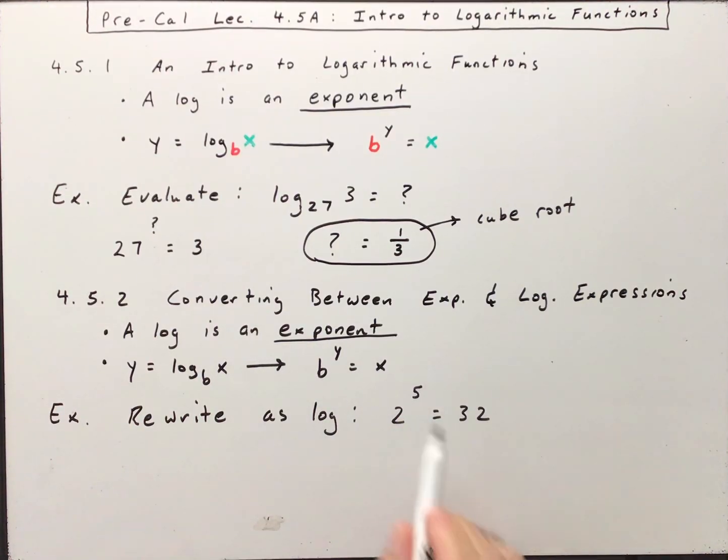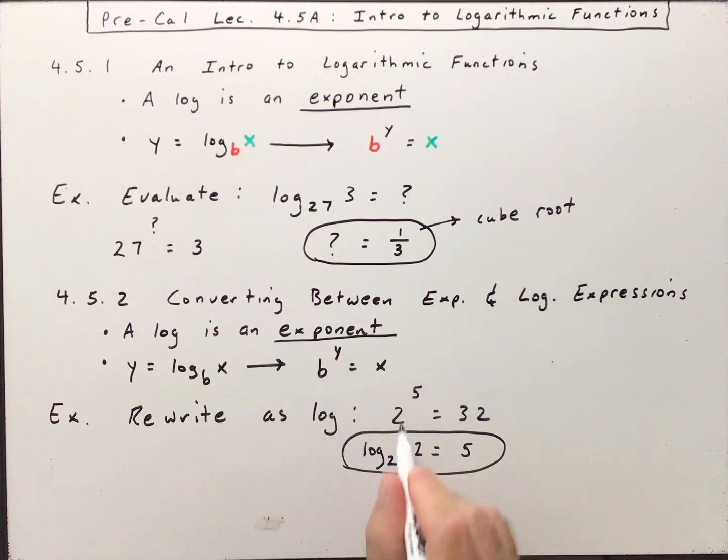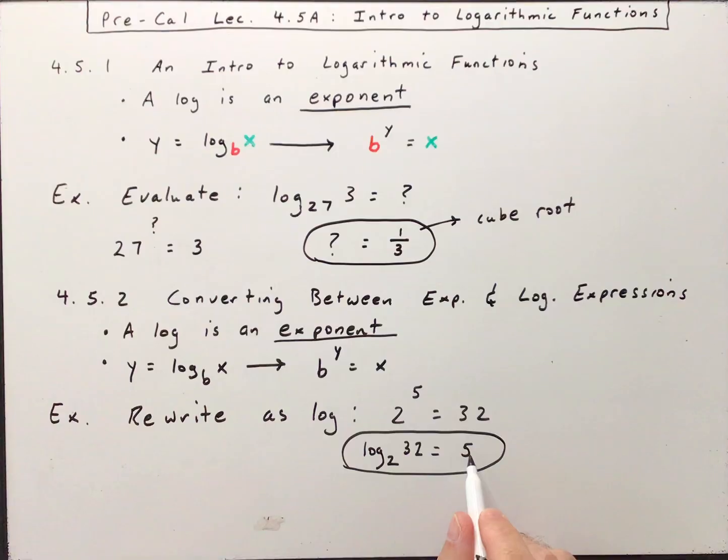Remember that 5 is the answer, so it's going to be by itself on the equal sign. 2 is the base, so log to the base 2 of 32 is equal to 5. The answer is 5, so it's by itself, and of 32.